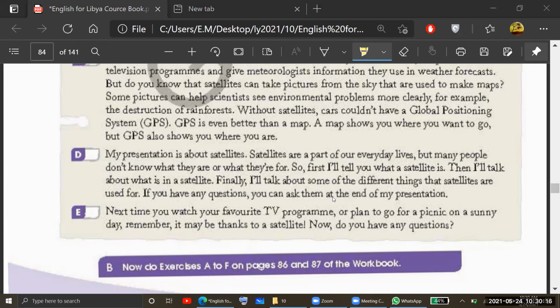Okay, so D is number one. Satellites are part of our everyday lives, but many people don't know what they are and what they are for. First, I'll tell you what a satellite is. Then I'll talk about what is in a satellite. Finally, I'll talk about some of the different things that satellites are used for.